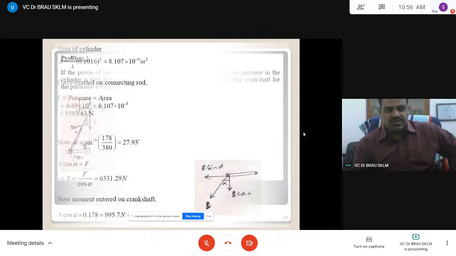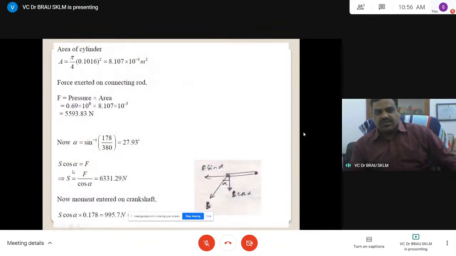178 by 380. From this, S cos alpha, S sin alpha. From this, if force, find out S cos alpha is equal to F. F is already got here. Then determine the moment.